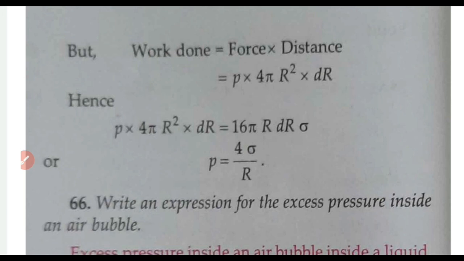That is equal to the increase in surface energy. By equating, we get the expression for excess pressure as P equal to 4S by R, where S is the surface tension.